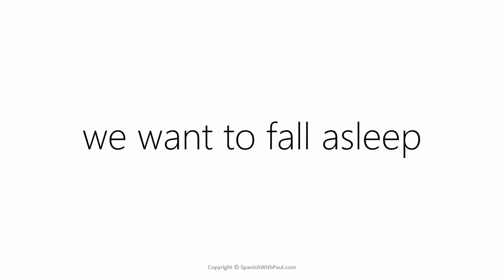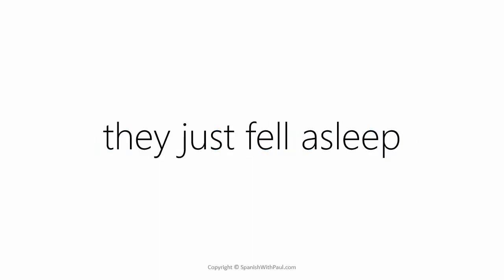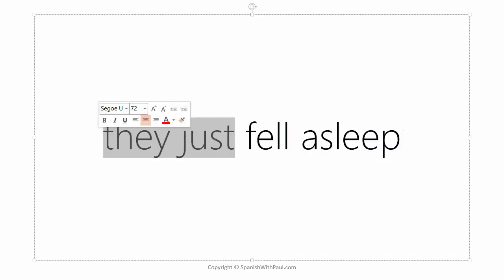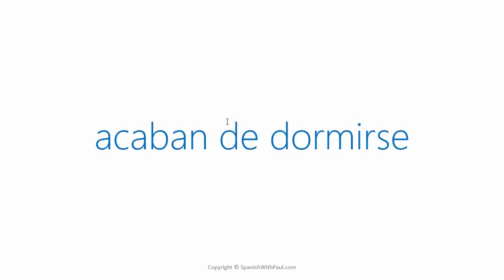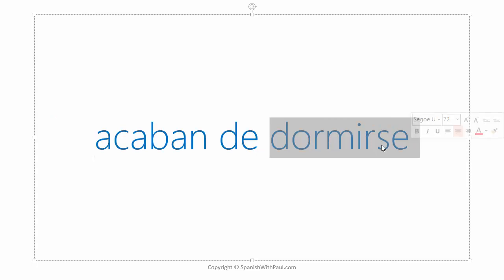We want to fall asleep. Queremos dormirnos. They just fell asleep. Acaban de dormirse. Here we had to use the handle, they just. So we have acaban de followed by dormirse for themselves here at the end.